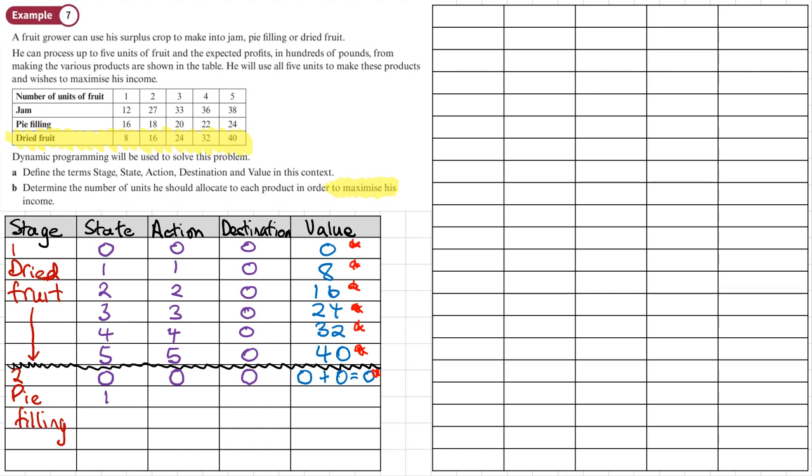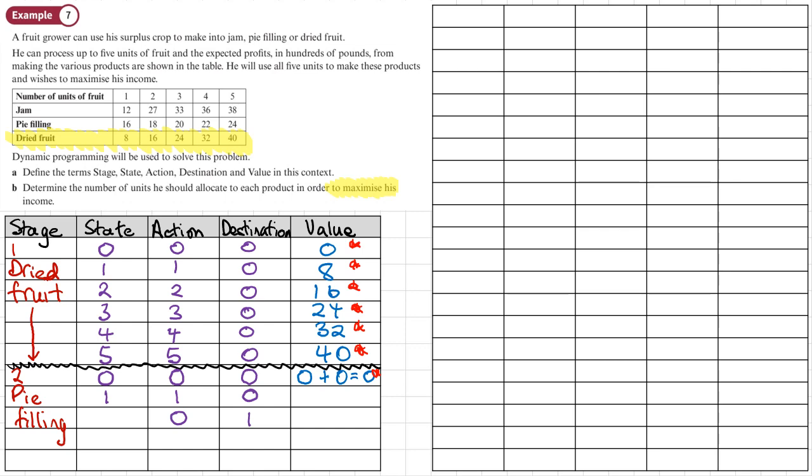That 1 unit could be used, and then there's nothing to pass on to the next stage, or that unit may not be used and then pass straight on to the next stage, or to stage 1. So we're going to consider both of these options and work out the cost. So now for this state, there are 2 different values and we want to select the maximum one. So let's start with this one.